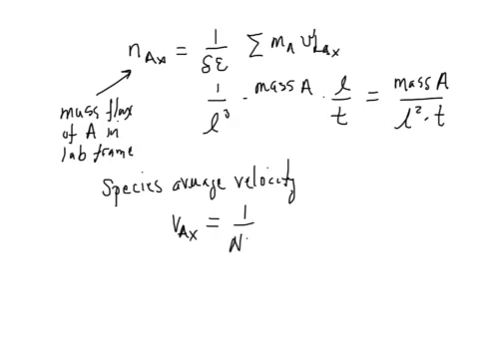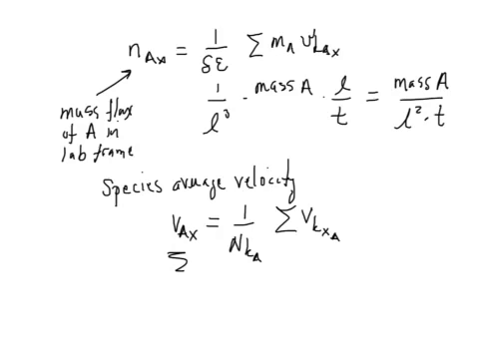So you count those molecules again that are across the plane, and let's say that number is NKA, and you simply take a numerical average of each of the velocities. And that is defined then as the species average velocity, in this case of component A.